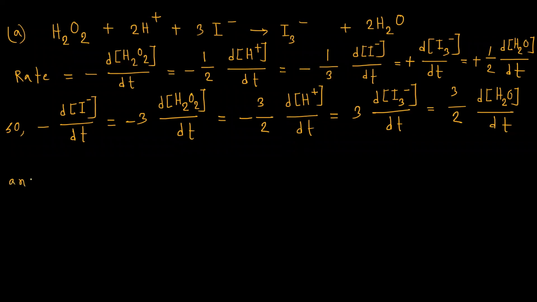And if we find out negative sign dH plus upon dt, we have to multiply every term in this rate expression by 2 because here is 2.